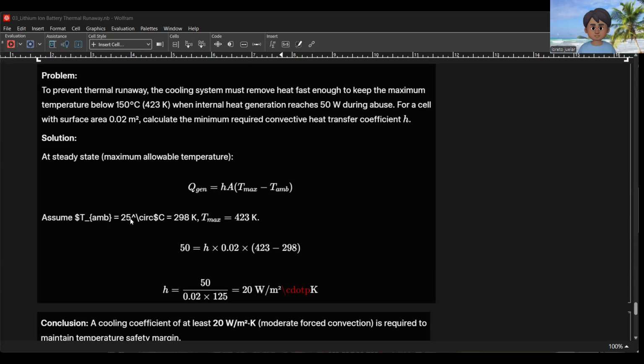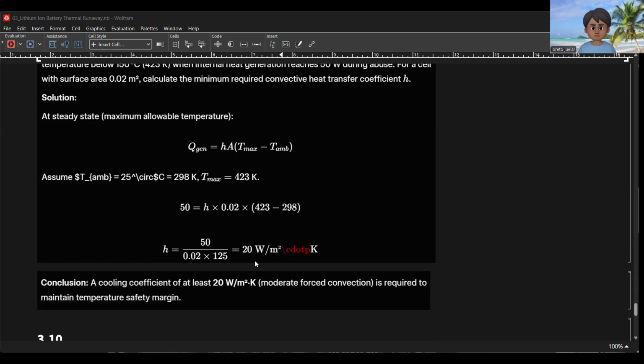The ambient temperature is 25, equivalent to 298 Kelvin, and the maximum temperature is 423 Kelvin. By substitution, the total amount of heat generated is 50. Then we have H times the area, times the maximum temperature 423 minus 298, the ambient temperature. So H here is equal to 20 watts per meter squared Kelvin.